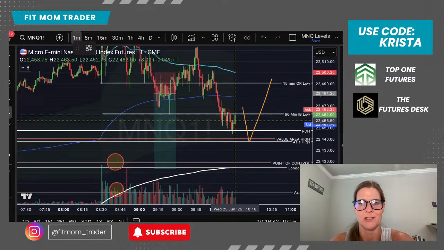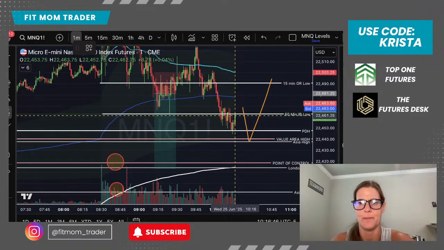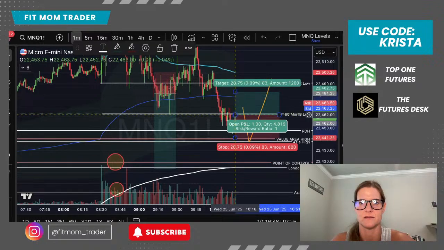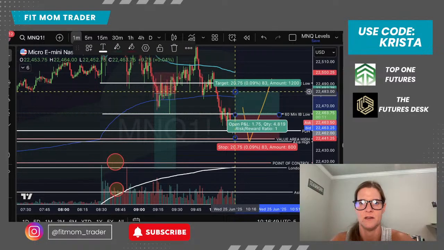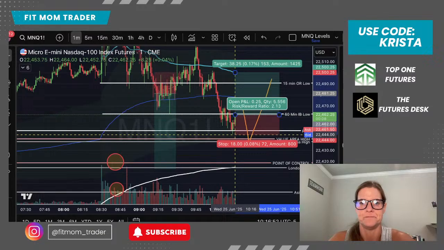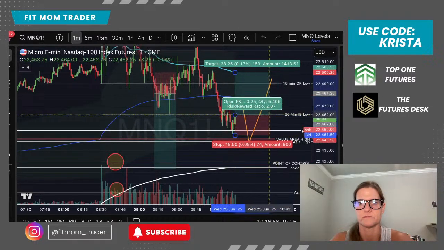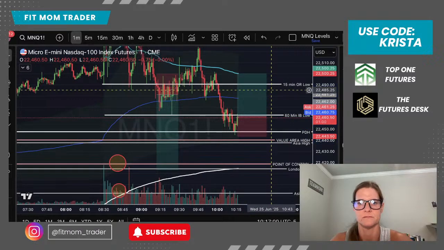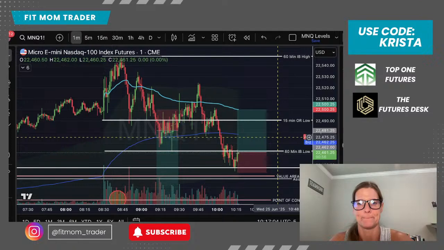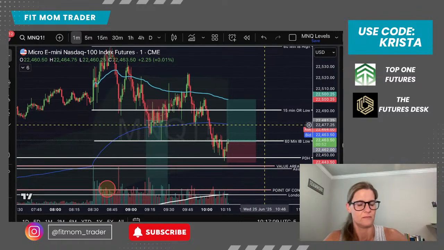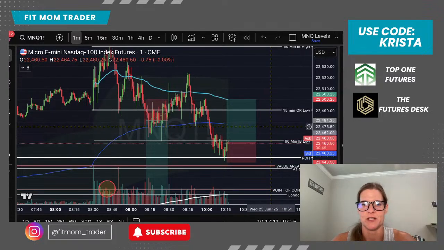Let's see if we actually get a confirmation of a closure back within the initial balance. I entered a small position.